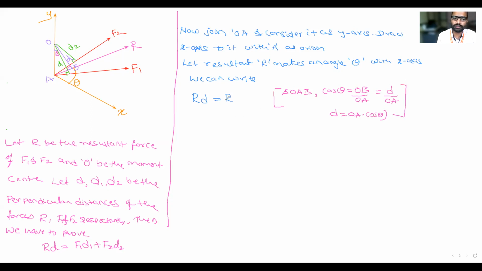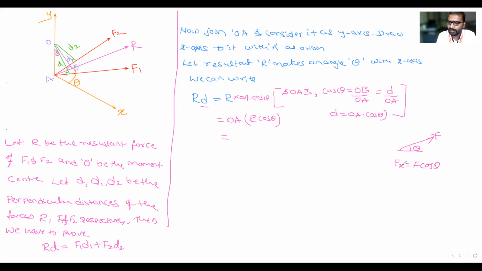So this is how you calculate. I want to find R into D. What is the value of D? D is OA into cos theta. So I take OA outside, and the remaining is R cos theta. Whenever there is a force F making an angle theta, its x component Fx is F cos theta.